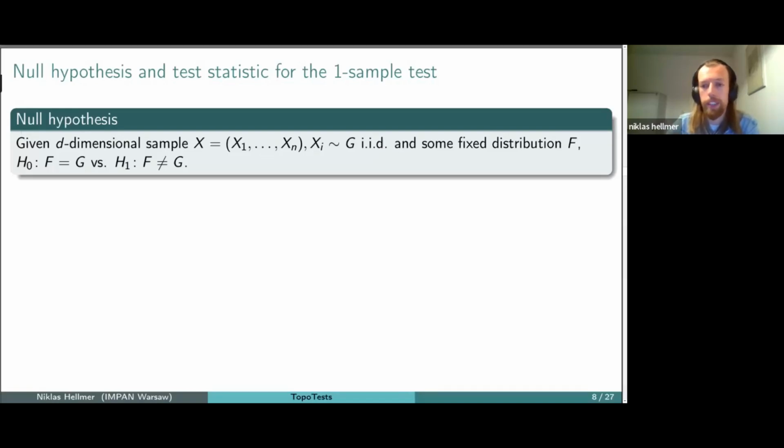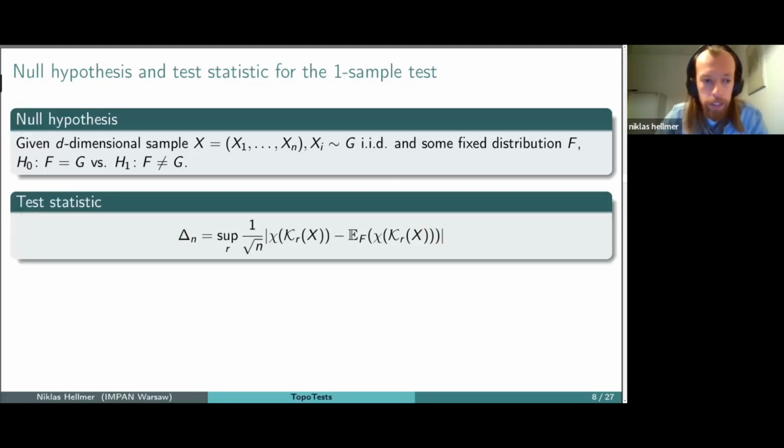Okay, and we have some fixed distribution, the null distribution G, against which we want to test. So a null hypothesis is F equals G, and the alternative is F is not equal to G. And I have to apologize that I'm giving a topology talk, and H0 and H1 are not denoting homology groups. Please forgive me.